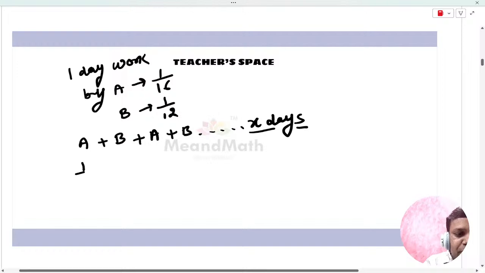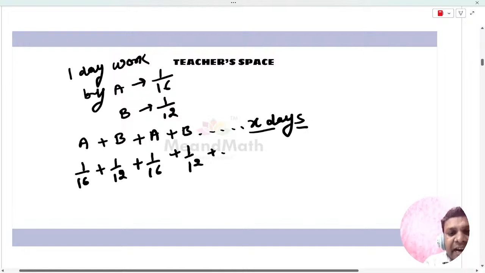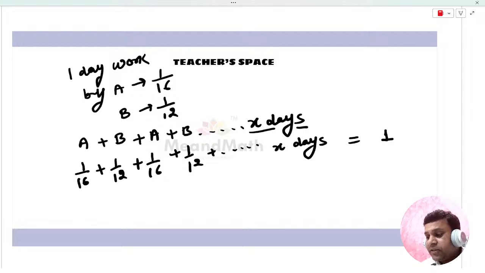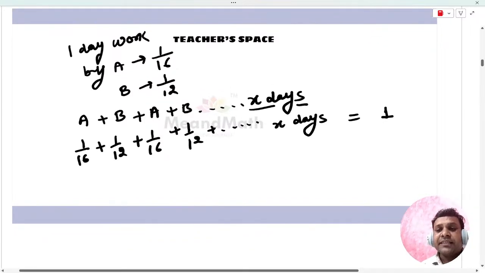So this is 1 upon 16, this is 1 upon 12, this is 1 upon 16, this is 1 upon 12, and this process continues till X days. In X days the whole work is completed. Now you can simplify it and solve it.